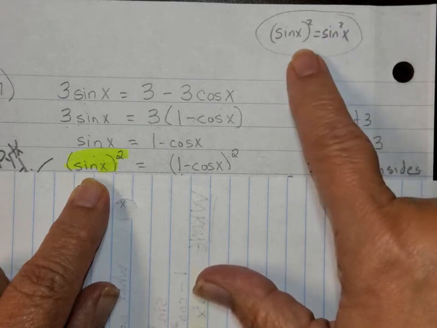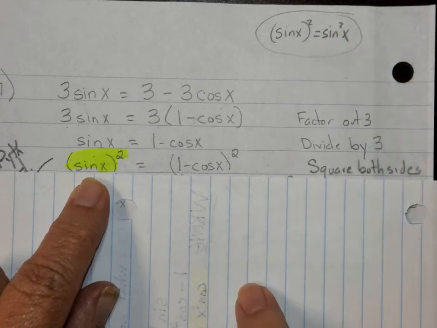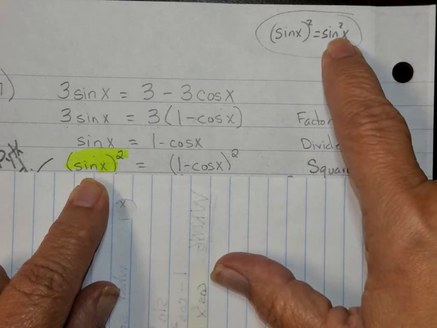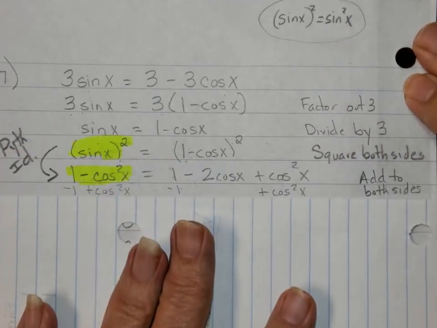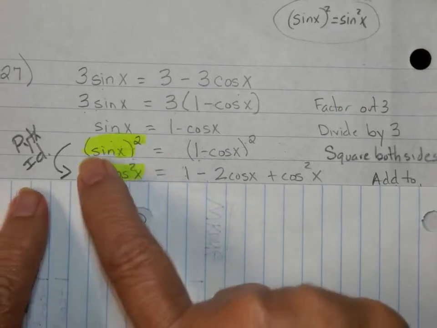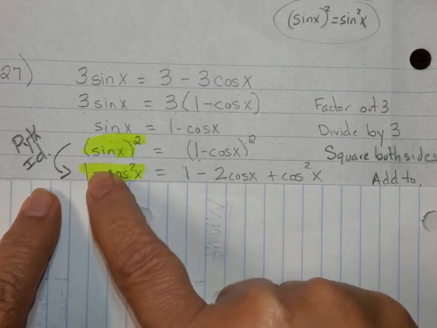These two mean the same thing. Because sine squared x is the way it looks on our formula chart. So right here, sine squared x, you can go, oh, that's a Pythagorean identity. So right here, you're going to do a substitution with a Pythagorean identity.